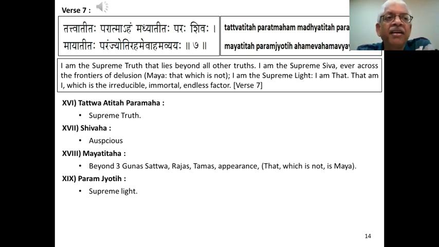These are three relative. The one which is identifying with the world of objects in the gross world is the Vishwa. That is why they give separate names so that we can ultimately reach Atma. So Tattva Paramaha, supreme truth. Shivaha means auspicious.